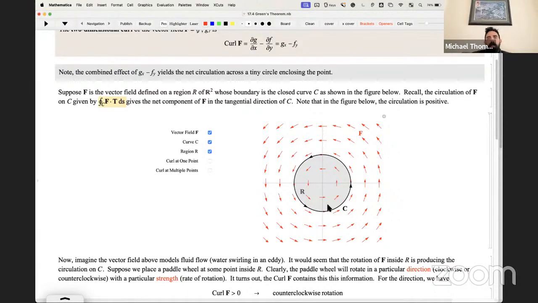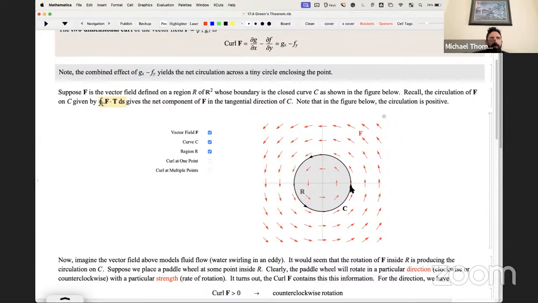Yeah, it's positive, and the reason why is because if you walk along the circle C in the forward direction, all you want to do is ask yourself, is the vector field agreeing with your movement or disagreeing with your movement? And in this case, it's always agreeing with the movement. So, the net result is we're definitely going to have positive circulation here.